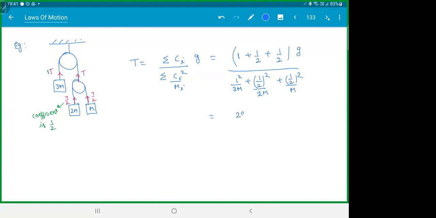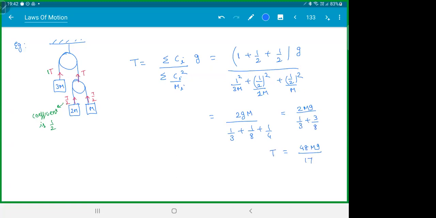So that would be 2g. M will go up, by 1 by 3 plus 1 by 8 plus 1 by 4. That would be 2 mg by 1 by 3 plus this thing is 3 by 8. That would be 48 mg by 8 plus 9, 17.